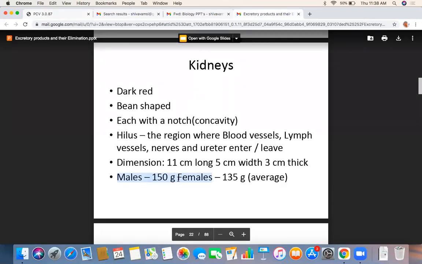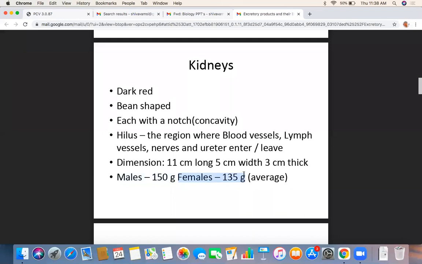In males, it is 150 grams. In females, it is approximately 135 grams.